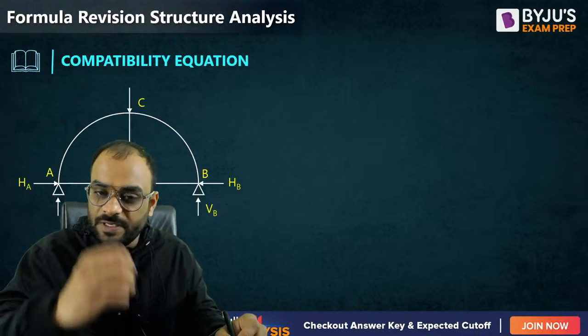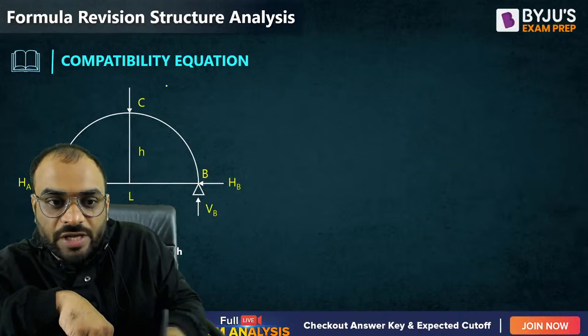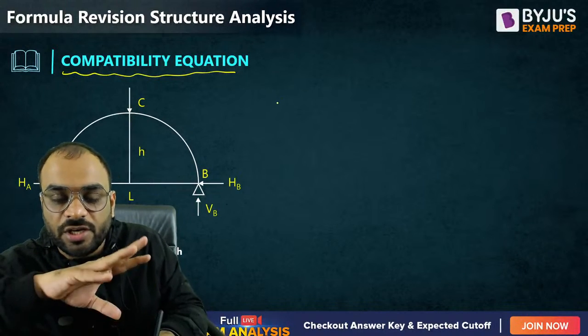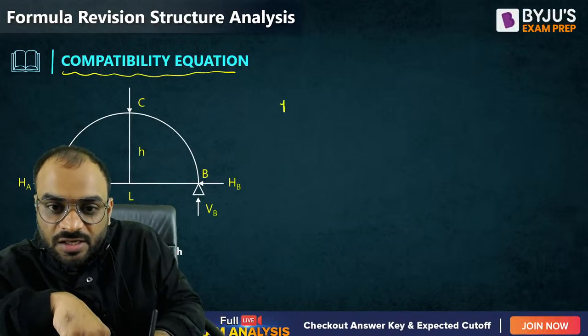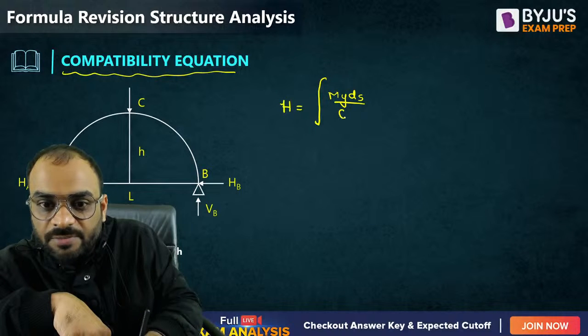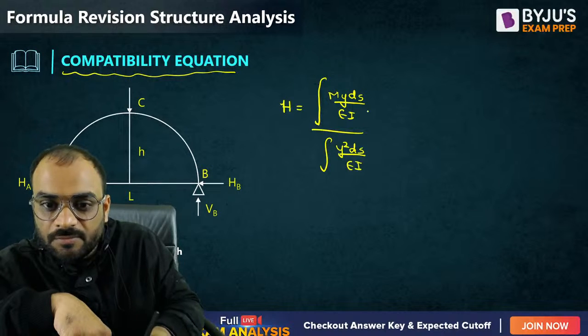Now the next one is basically compatibility equation. So do you remember, guys, if you want to calculate the horizontal thrust in case of two hinge arch, then the compatibility equation is what? H is equal to integration of My ds divided by EI divided by integration of y square ds upon EI, right?